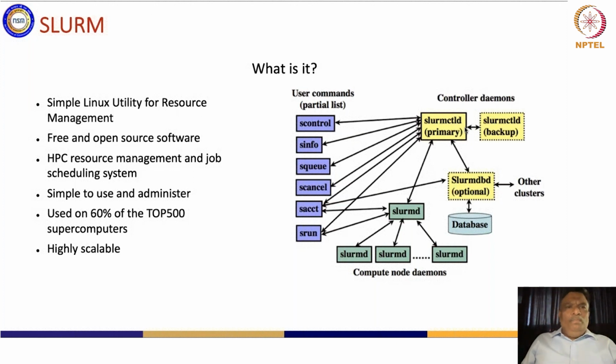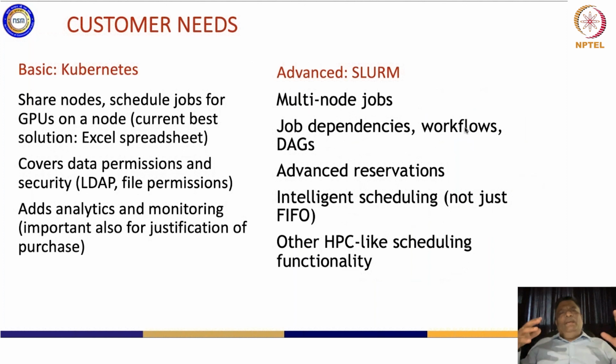Now if you see from the client's perspective or the customer needs perspective, you have two things, right? One is the Kubernetes way of implementing things, another one is the Slurm way of implementing things. So in Kubernetes, you can share the node, schedule the jobs for GPU on a node, something like that. And then you can give permissions, security, you can do analytics and monitoring.